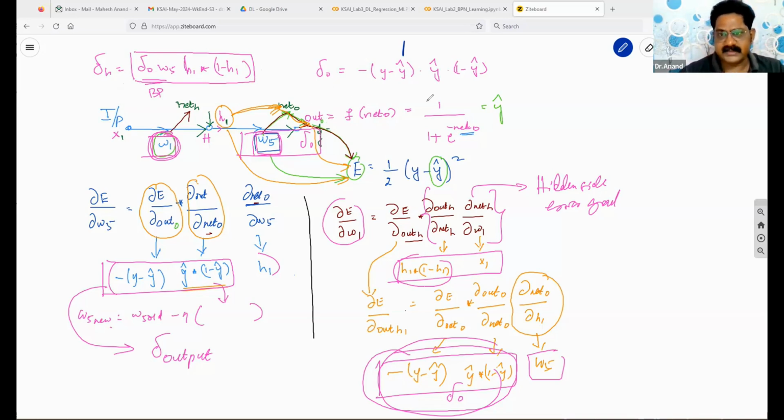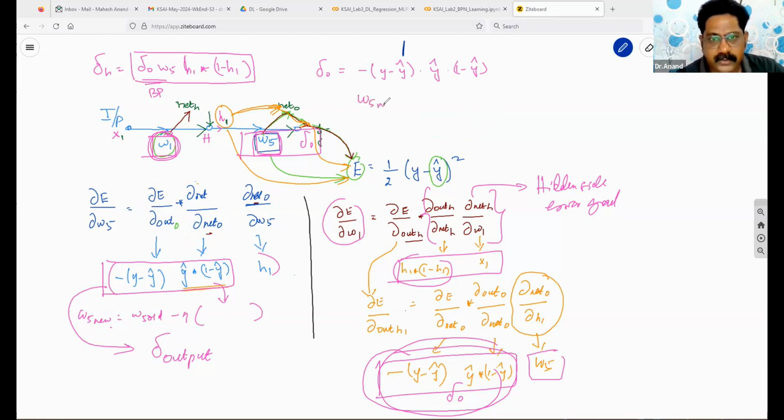So the final weight adjustment formula, you can write it easily now. How can you write your weight adjustment formula? First we'll write the formula to adjust the weight at W5 using delta naught.